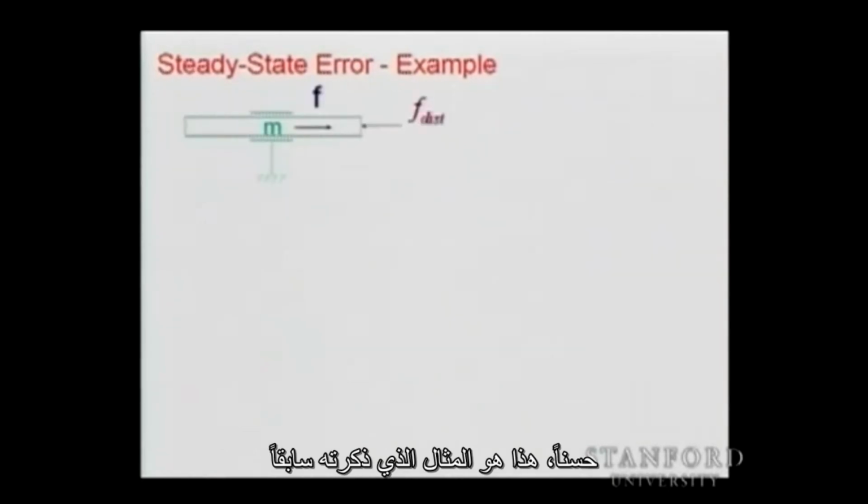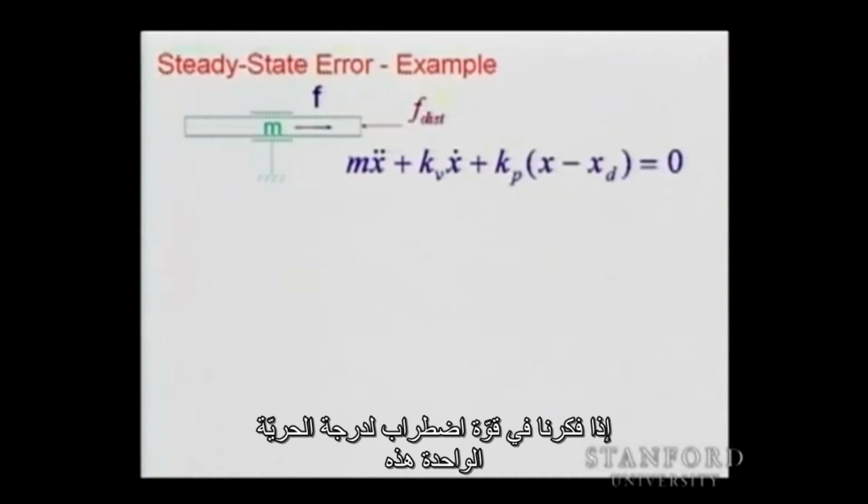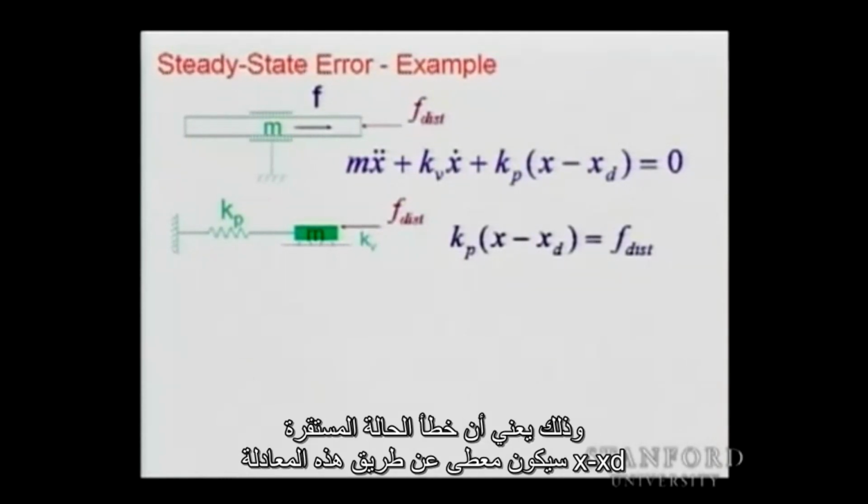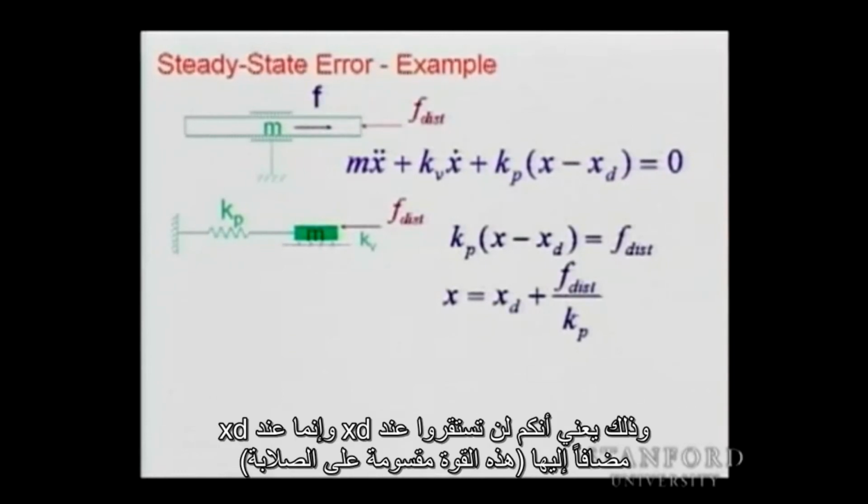Okay, well, here is the example I mentioned earlier. If we think about just a disturbance for this 1 degree of freedom, it's sort of a spring mass, and you are applying the disturbance force, and that means the steady state error x minus x desired will be given by this equation, which means you are going to rest not at xd, but at xd plus this force divided by the stiffness you have.